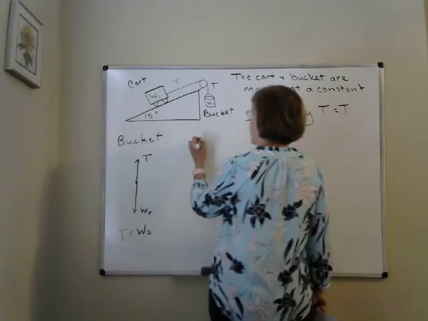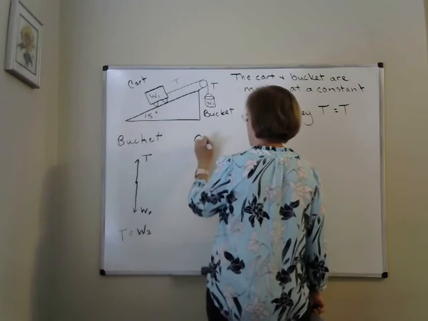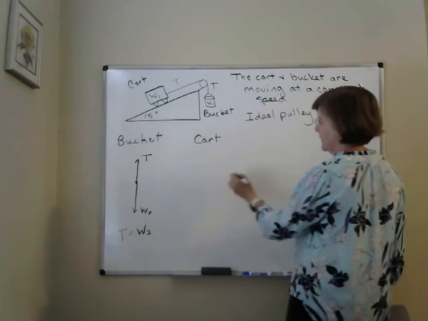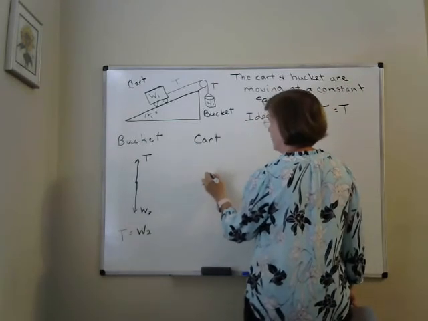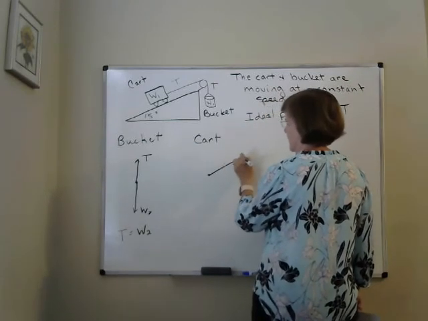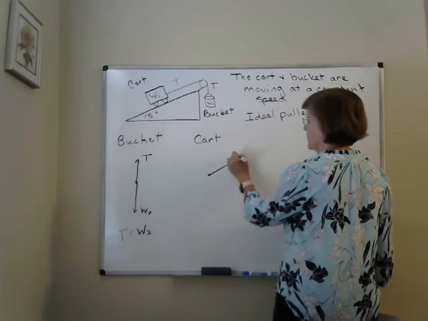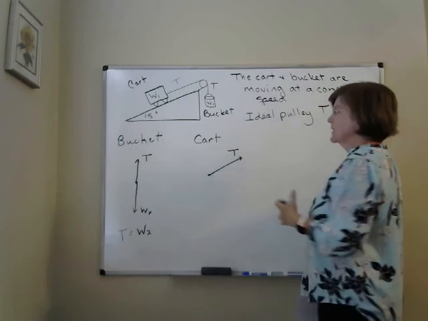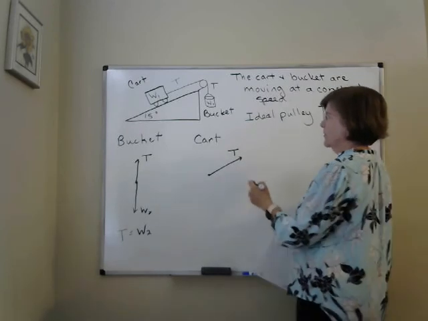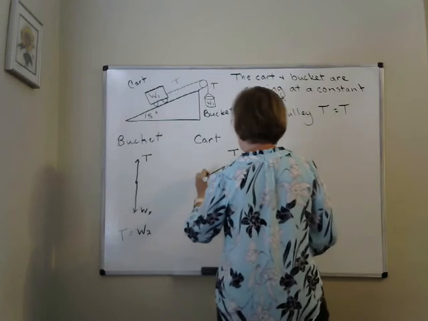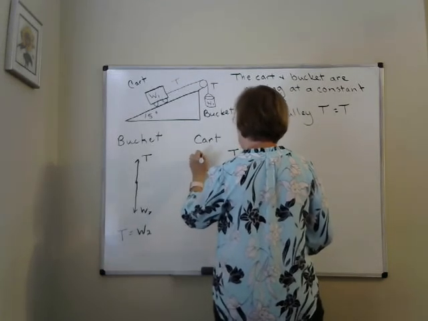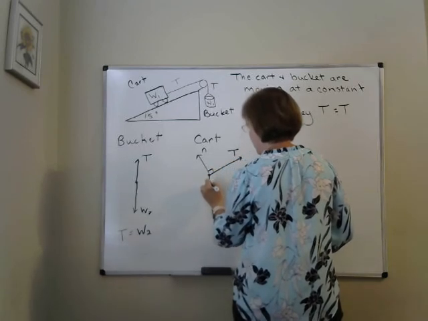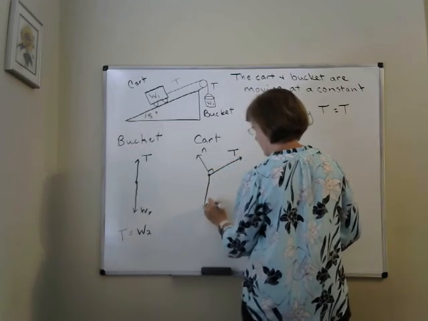Let's look at the free body diagram for the cart. Now, the free body for the cart's more complicated. We know that the tension's going up. Again, we're not dealing with any kind of friction. We're not there yet. We know that the normal force is perpendicular to that. And we know the weight is straight down.